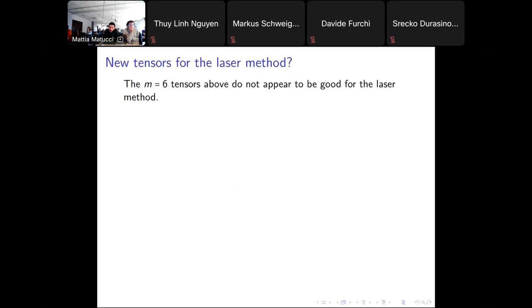So unfortunately, these don't appear to be good for the laser method, which is why I presented you an 8×8×8 tensor, not a 6×6×6 tensor, to beat up on, the big Coppersmith-Winograd tensor. So we have a lot of work, a lot of explaining. I owe you a lot of explanation. Oh yeah, and this big Coppersmith-Winograd tensor is 1-generic.